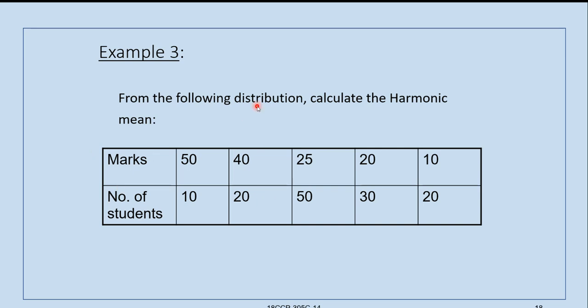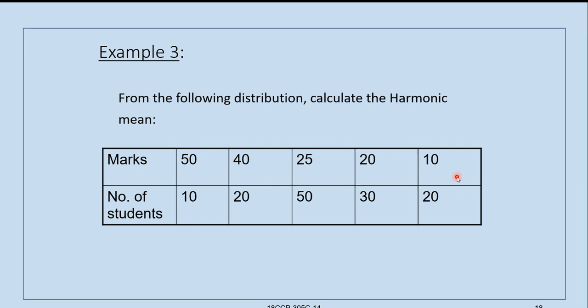Marks are 50, 40, 25, 20 and 10. Number of students is 10, 20, 50, 30, 20. This is frequency. That means n is equal to sigma f, n is equal to 10 plus 20 plus 50 plus 30 plus 20. That means 10 plus 20 is 30, 30 plus 50 is 80, 80 plus 30 is 110, 110 plus 20 is 130. So n is 130.